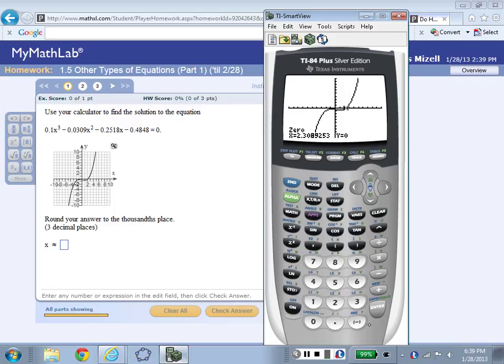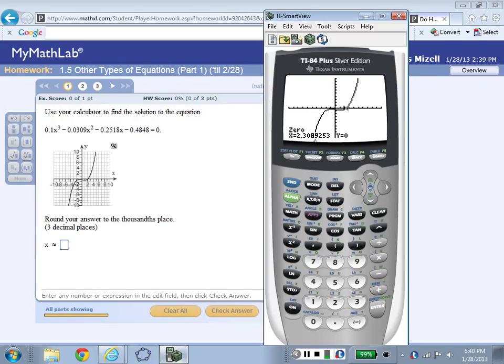And it's going to start searching there, and it's going to find 2.308, 9. To 3 decimal places, we want to underline the 8 and look one spot to the right of the 8. The 9 says take the 8 and bump it up to a 9.